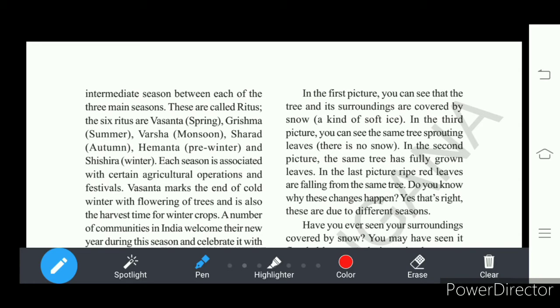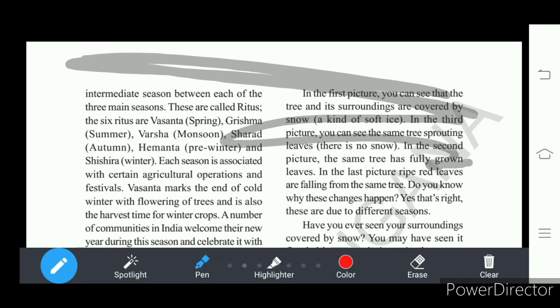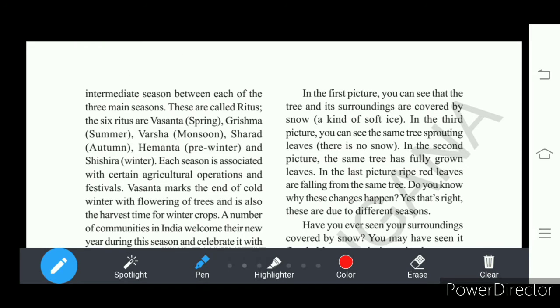November, December, January are the period when we experience cold, which comes under winter. So after the winter, at the end of the winter, we find Vasanta. So Vasanta Ritu starts with the end of the cold winter.